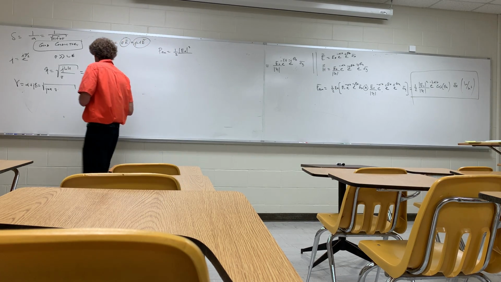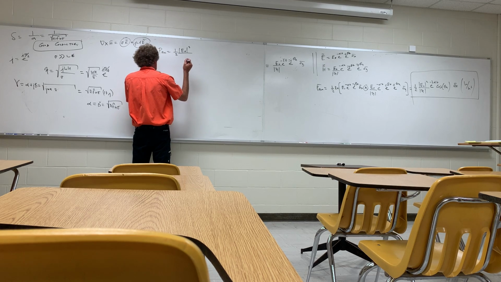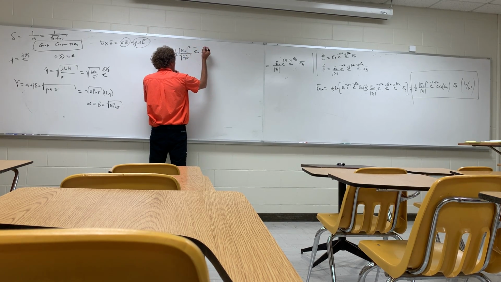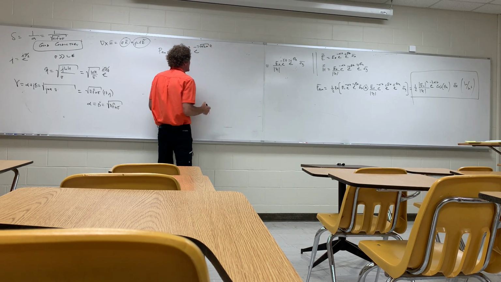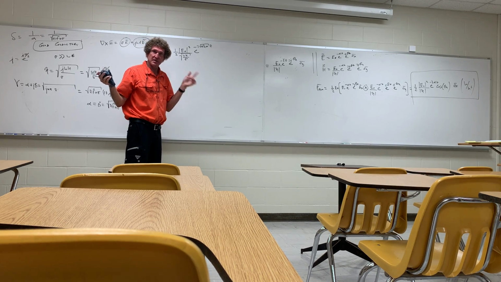Well, eta is just the square root of omega mu over sigma. I'm going to leave it like that. Then it's e to the minus 2 alpha z, so it's e to the minus 2 times the square root of pi f mu sigma times z. I put in the alpha on purpose, just so you can see it all at one time, because that's alpha.